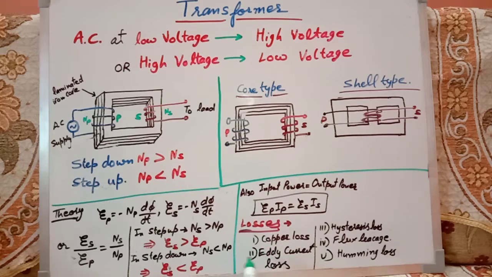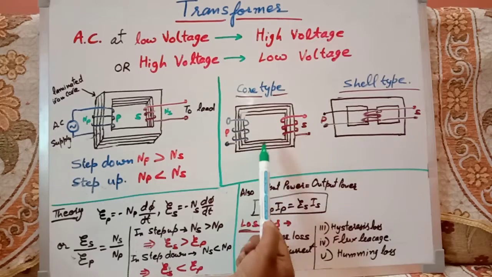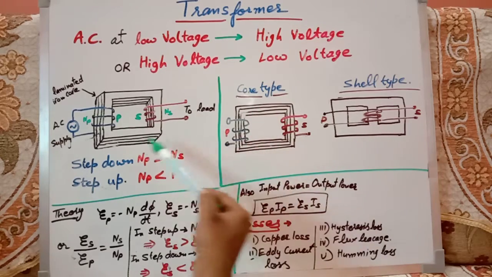Okay, now the second loss is eddy current loss. The alternating magnetic flux induces eddy currents in the iron core, which leads to some energy loss in the form of heat, and this eddy loss can be minimized by using laminated iron cores.